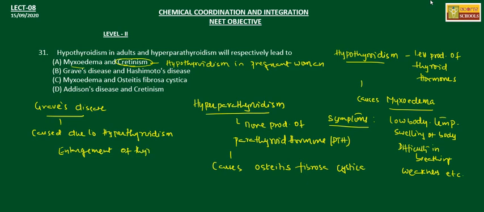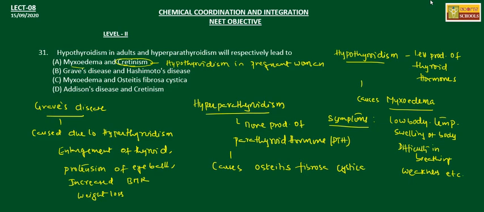So the thyroid gland enlarges, and then there will be protrusion of the eyeballs, increased BMR, that is basal metabolic rate, and there will be weight loss also.